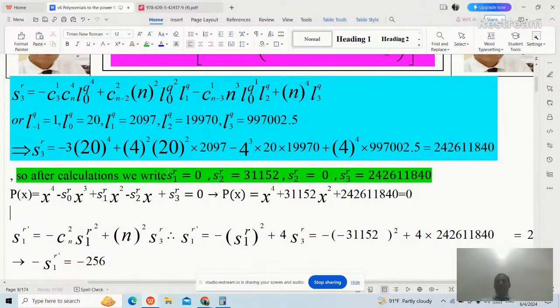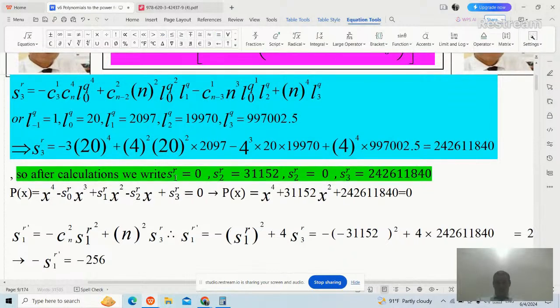Now, learners, we told that S1 is 0, S2, of course, S2 is 0. Okay, or S0 is 0, but S2 is written. I will take it here. I will cut this. Okay, cut this, Mr. Murad.